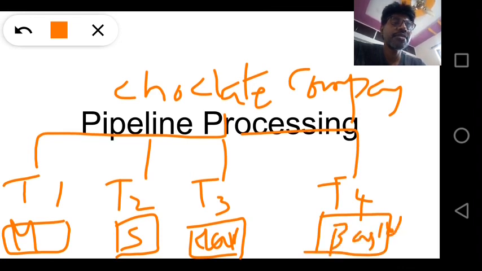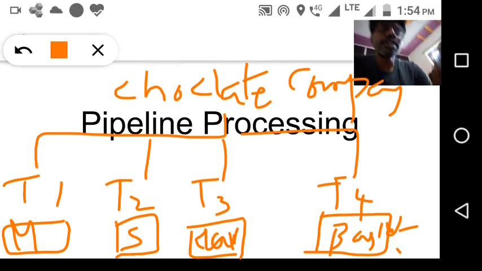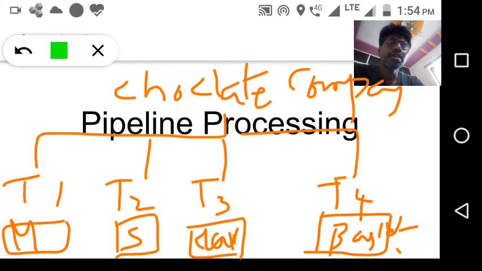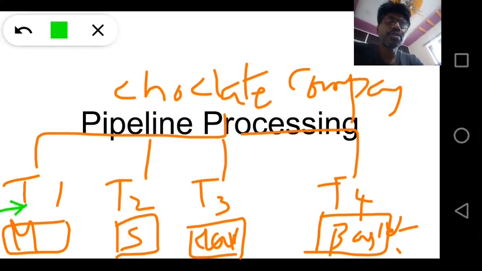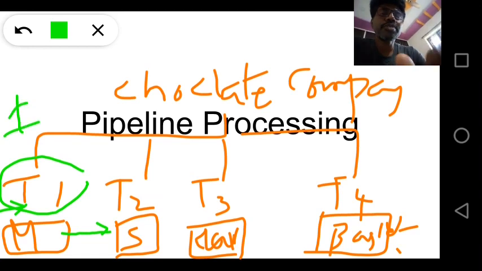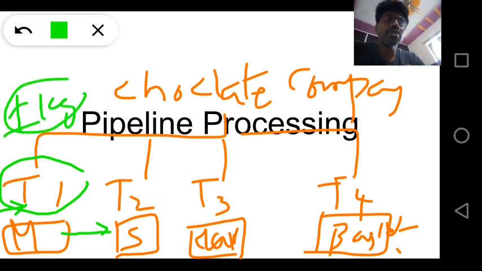So these are the four tasks in a chocolate manufacturing company. What happens when material comes to the task 1 phase? Let's assume 1 kg of material is sent to task 1. It prepares, mixes all the materials, and sends to T2.